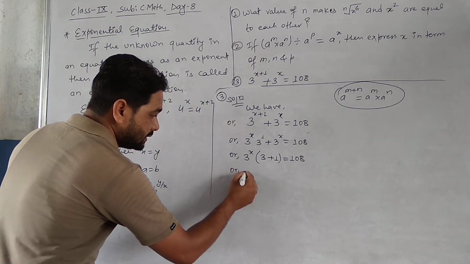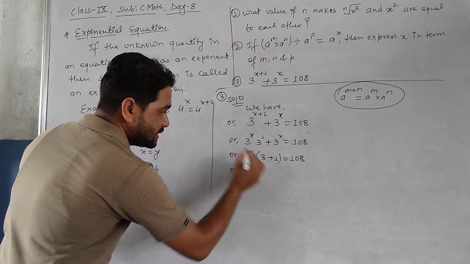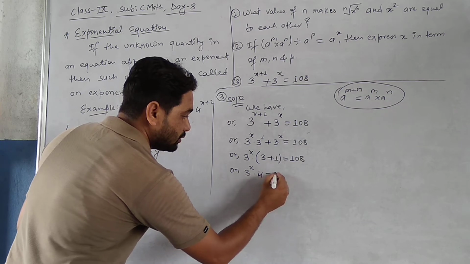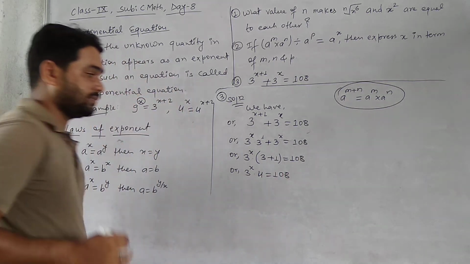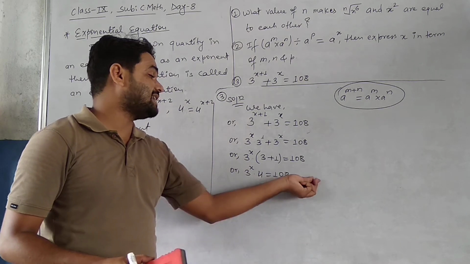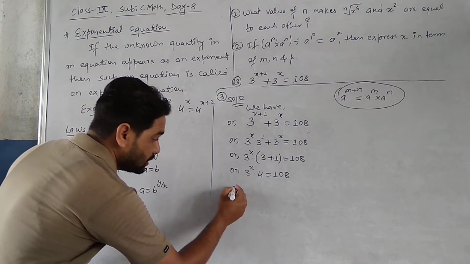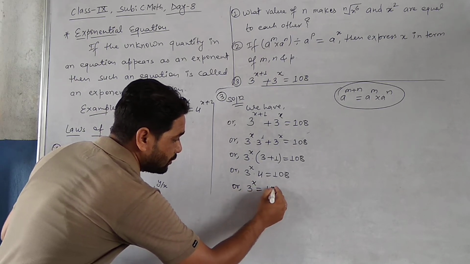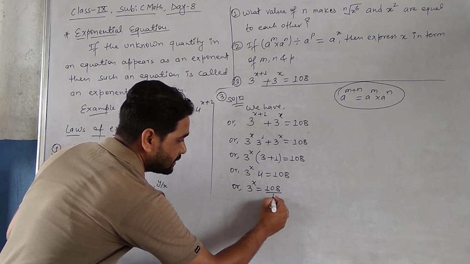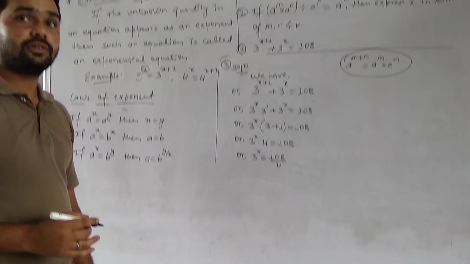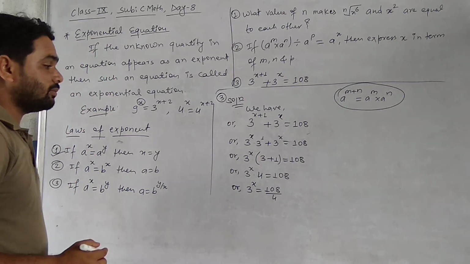Now 3 power x into 3 plus 1, we get 4, equals 108. Now this 4 is multiplied on this side, so on the other side it divides. So we get 3 power x equals 108 divided by 4.